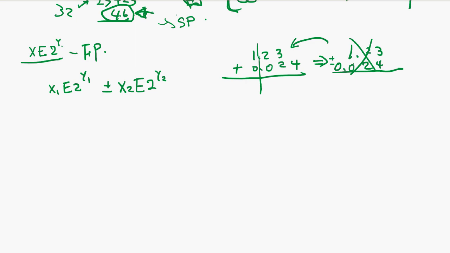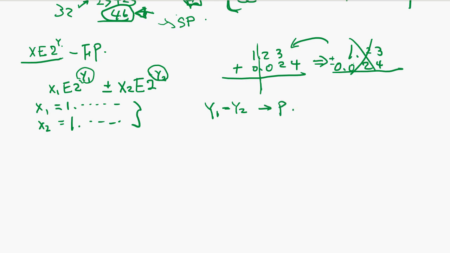So in order to align, x1 has the form of 1 point so and so, and x2 also has 1 point, this kind of number, right? So first you have to compare these, so you have to do y1 minus y2, and this is a 2's complement, so if negative, convert it to positive, right?